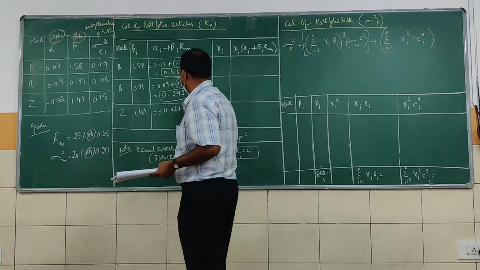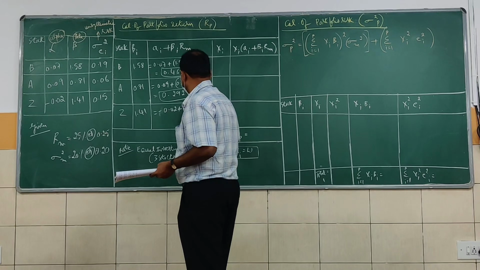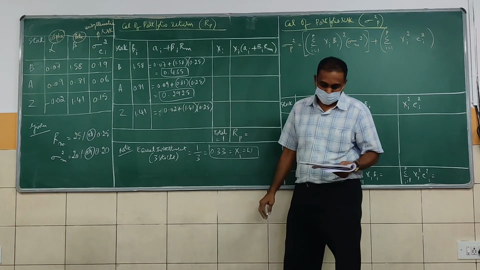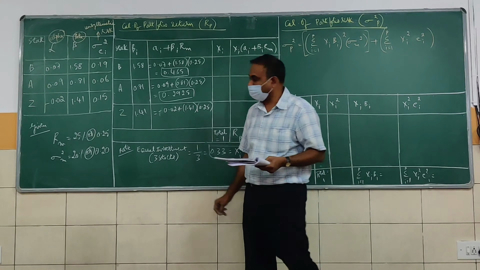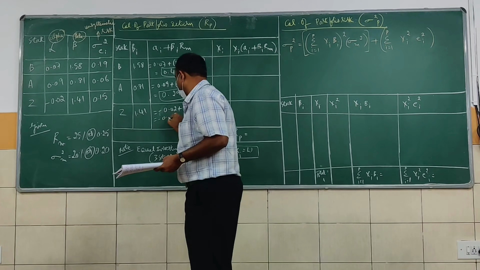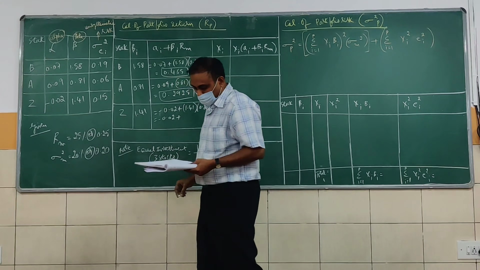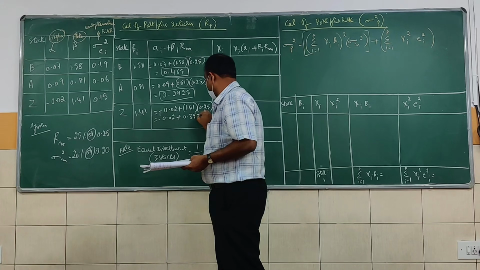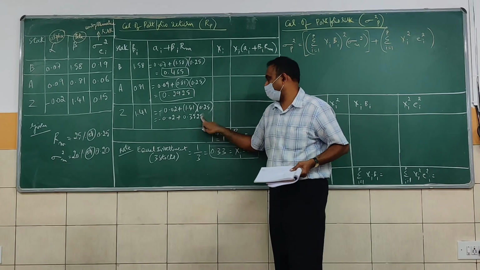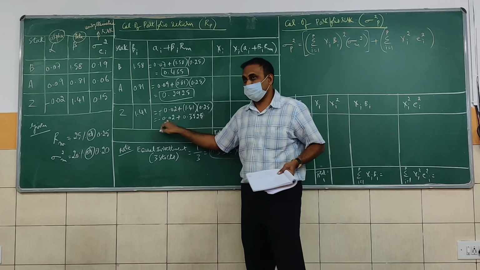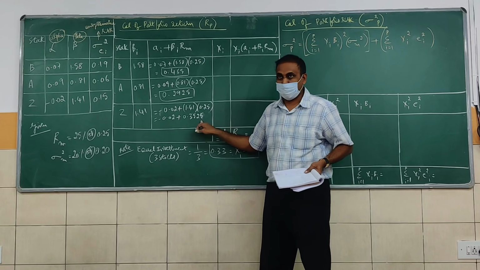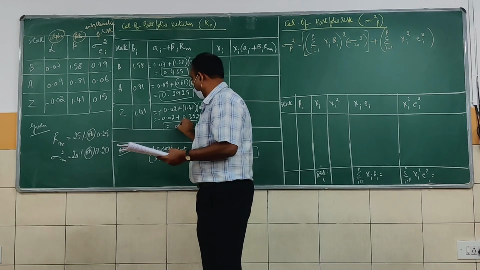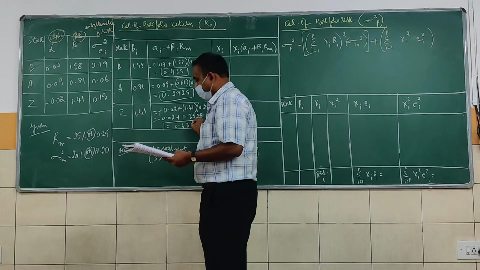You have to be more careful when a minus value comes. When a minus value comes, you have to be more and more careful. You have to go for one more step. Multiply and put the value. One is minus, one is plus. Plus value is more. 0.0325.